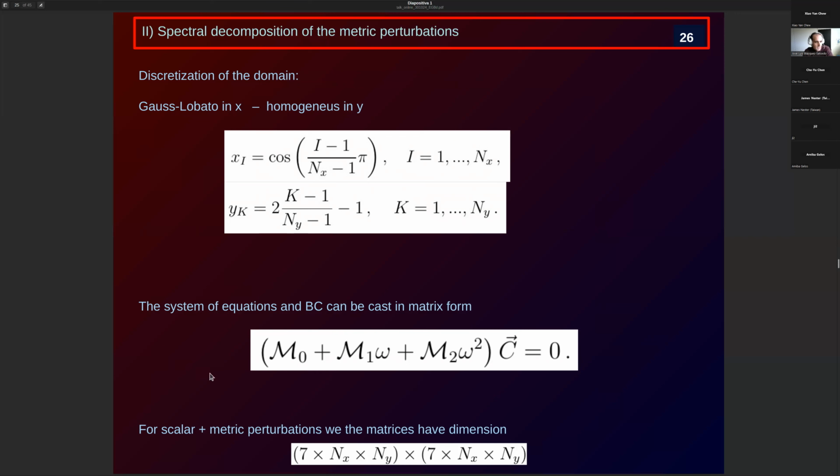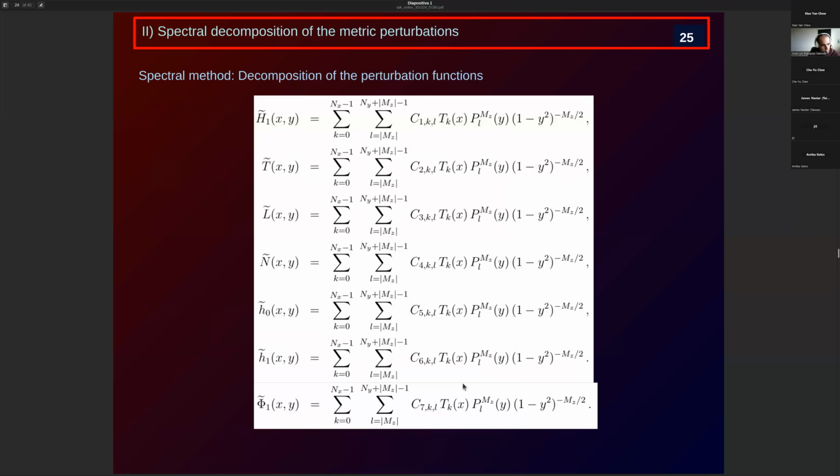The complexity now is that you don't have PDEs anymore. You have algebraic equations, but you have a lot of equations. The more points you introduce, the higher the order of the decomposition, the more equations you have. So you have to treat all this with care numerically in order to extract from here the eigenfrequencies, the omegas. But that's the general idea of the spectral method. In this case we are going to treat black holes, but you can treat other systems as long as you can express the equations like this.